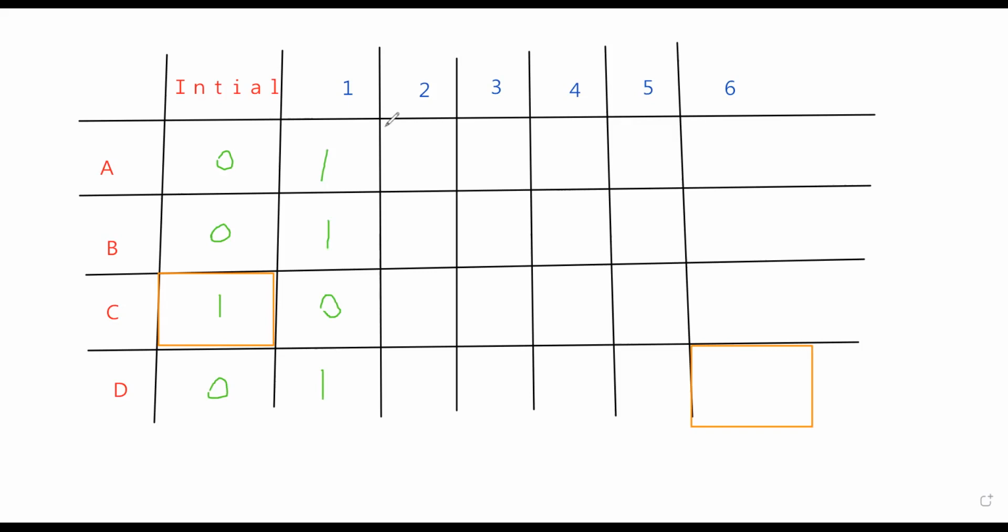What are the possible combinations for A to receive the ball the second time? The ball can be passed from B to A or from D to A. So it will be 1 plus 1, which is equal to 2.